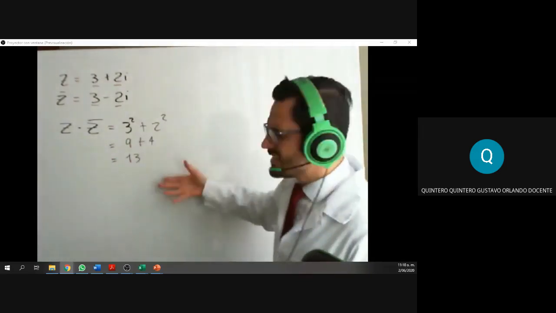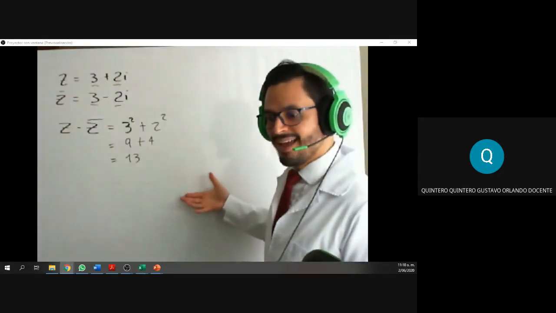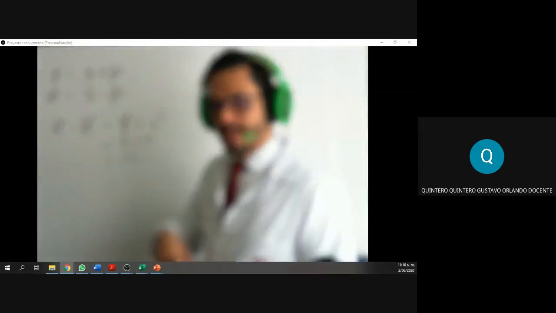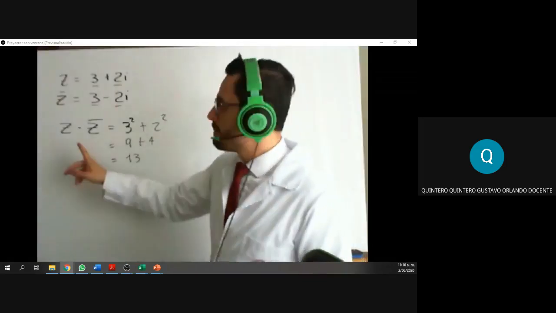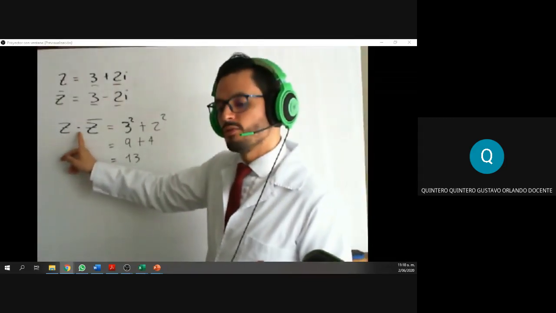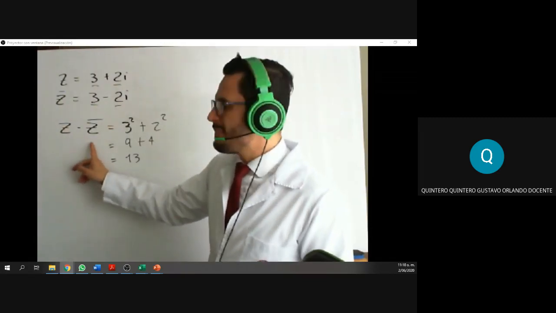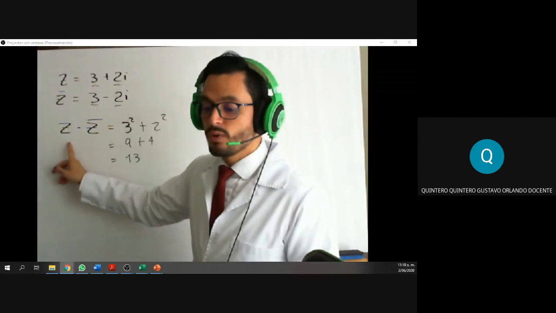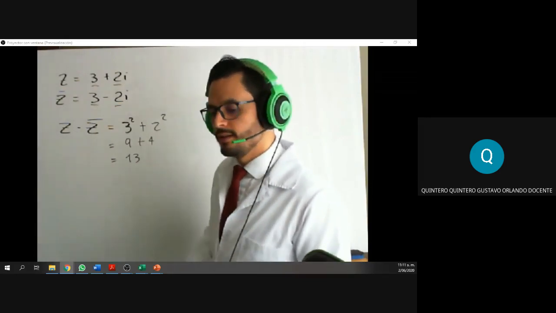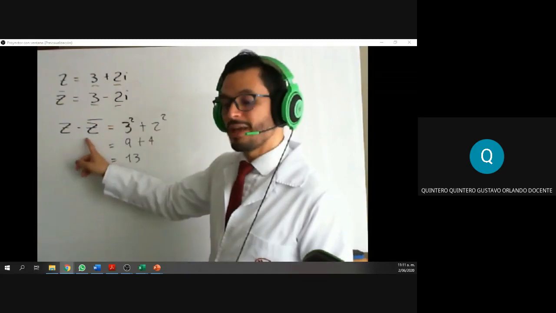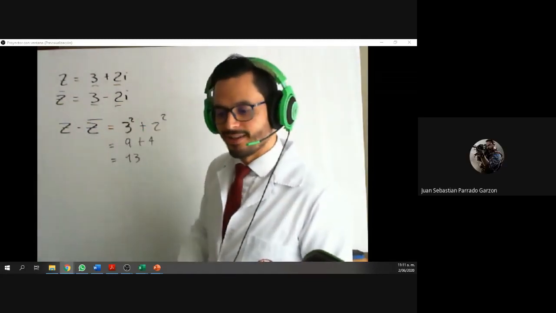Instead of having to do FOIL, I was able to do just that. But that only happens when you take a complex number and multiply by its own conjugate. If you multiply by a different conjugate, then that will not work. You have to take a number and multiply by its own conjugate.